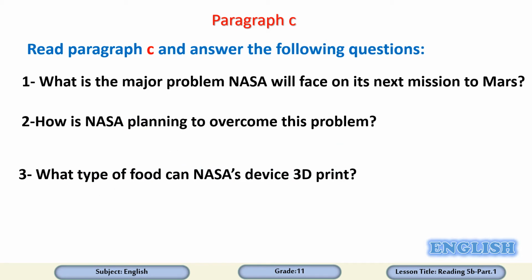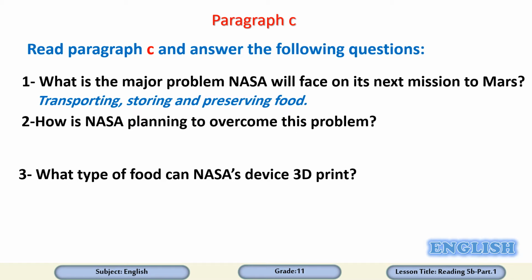We proceed with the questions of paragraph C. Question number 1. What is the major problem NASA will face on its next mission to Mars? Excellent answer. Transporting, storing, and preserving food. Question 2. How is NASA planning to overcome this problem?